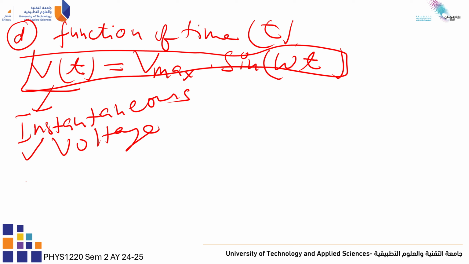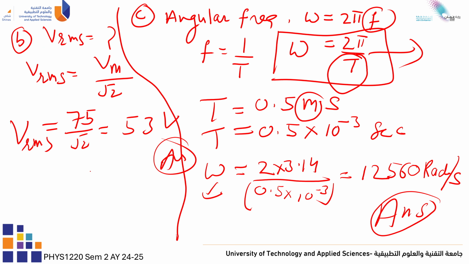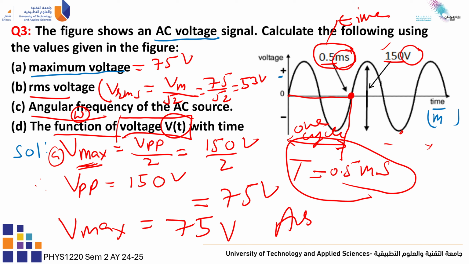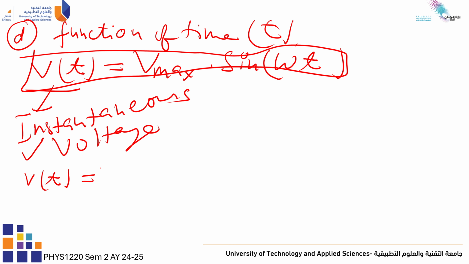Now what we have to do is just keep the data here. What is the value of V maximum? We already found before the value of V maximum, it is 75 volt. We have to keep this number here. The value of the maximum voltage is 75, then it is sine.